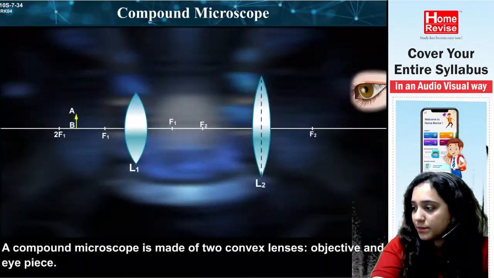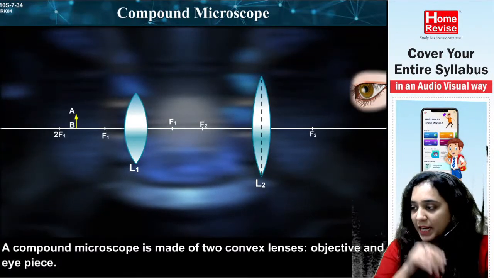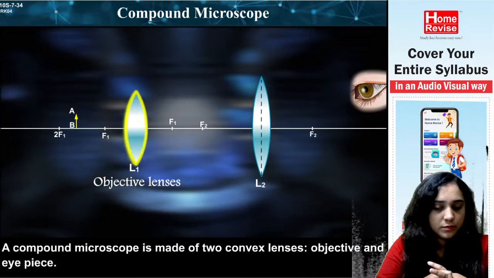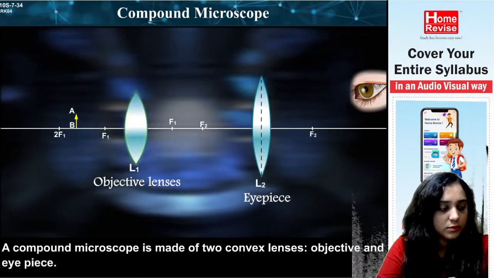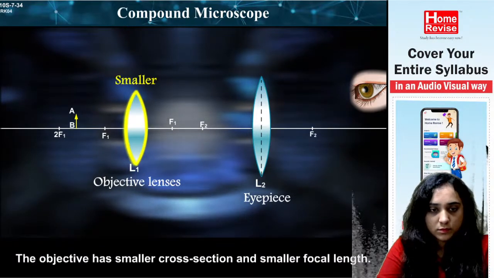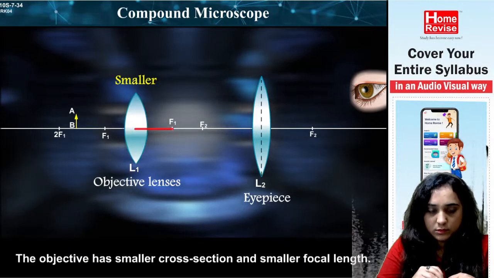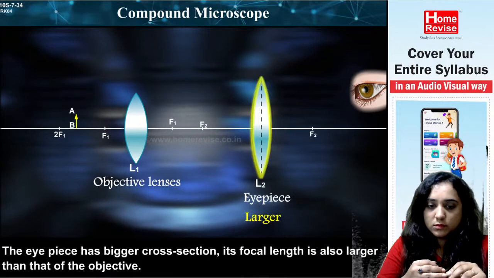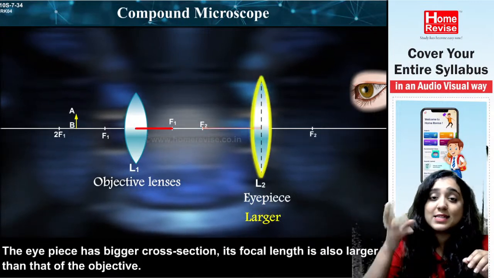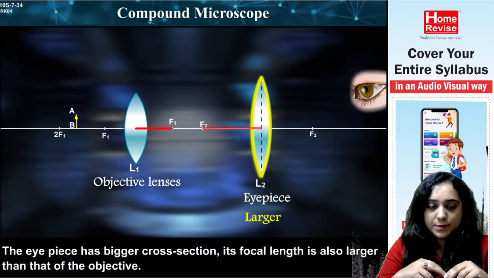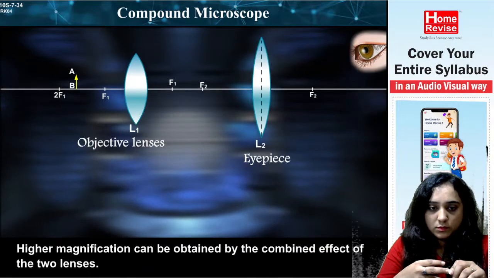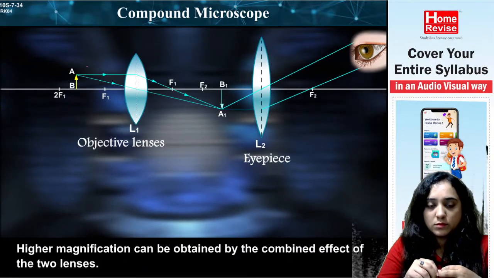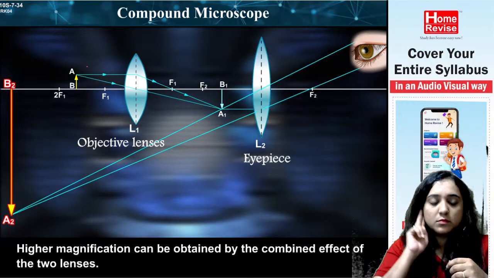A compound microscope is made of two convex lenses, objective and eyepiece. The objective has smaller cross-section and smaller focal length. The eyepiece has bigger cross-section. Its focal length is also larger than that of the objective. Higher magnification can be obtained by the combined effect of the two lenses.